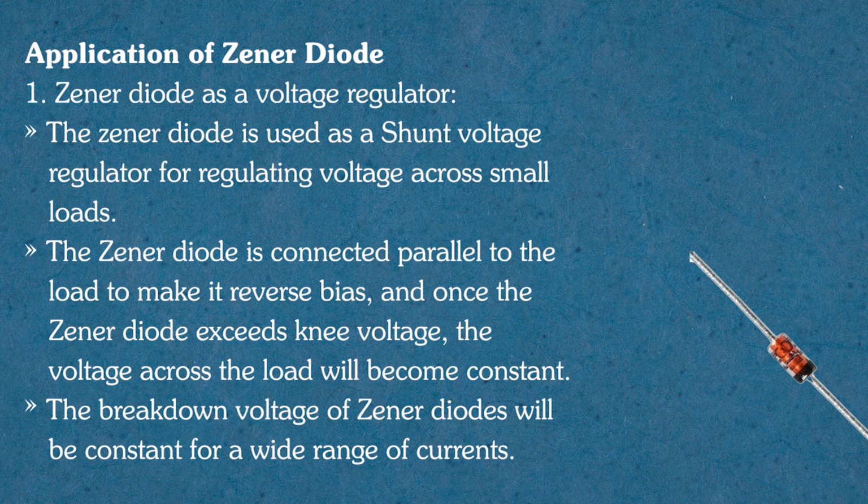So, the first thing to note here is that it is used for voltage regulation. Voltage regulation means regulating the voltage for small rated loads. The Zener diode is connected in parallel to the load to make it reverse biased, and once the voltage exceeds the knee voltage, the voltage across the load will become constant.